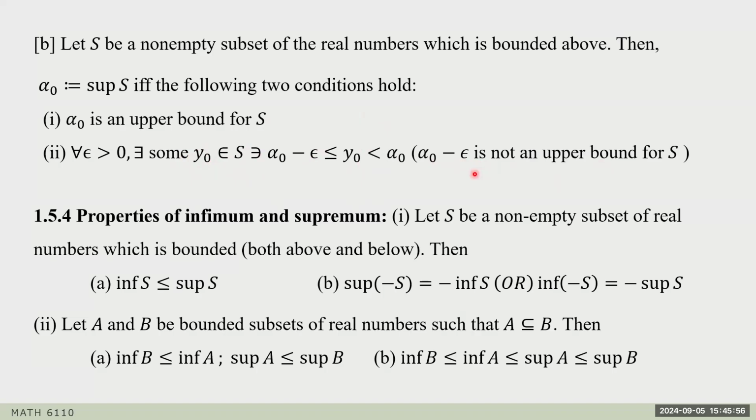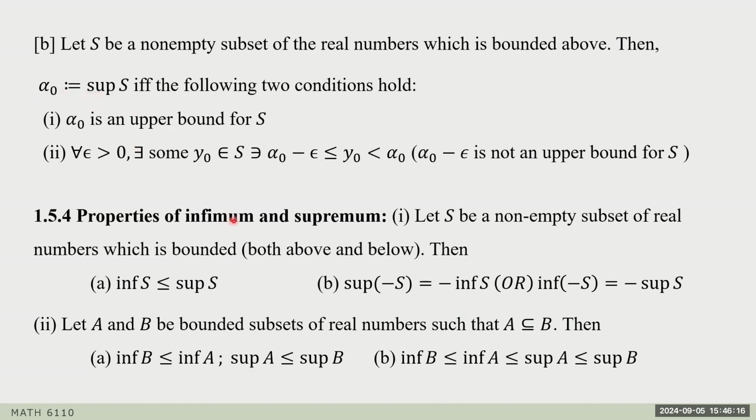Because upper bound means that you are greater than everything in that set. So if you are not the upper bound, there's something in that set, so y0, that is bigger. So if you could show those two conditions, that's the same thing as saying alpha 0 is the supremum.